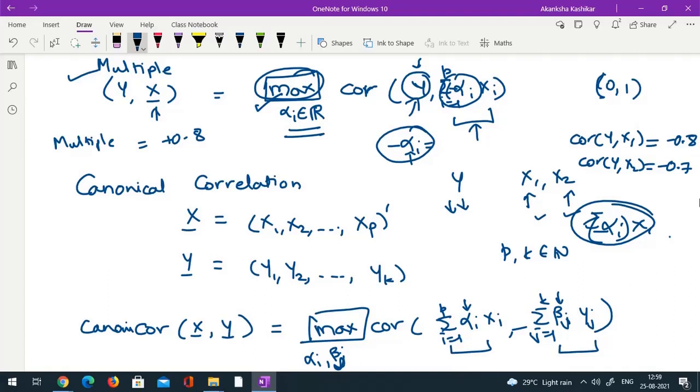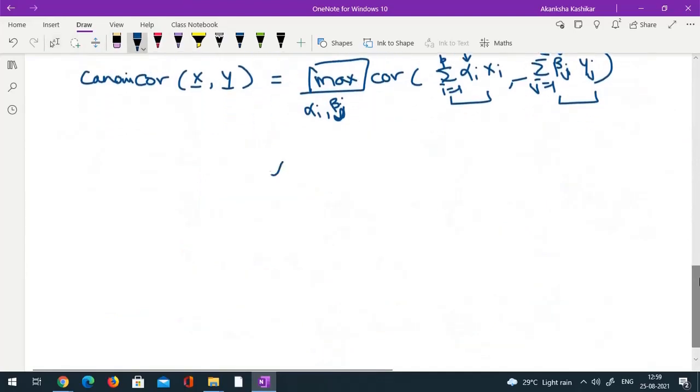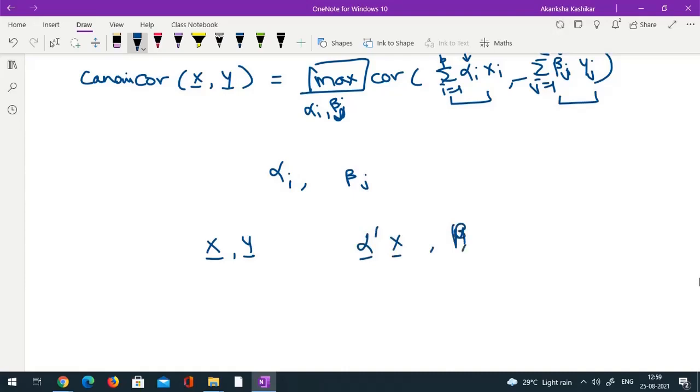So that is canonical correlation, and we have something called canonical variates. These are the alpha i's and beta j's. Right now I have written it in scalar notation. Ideally, we say that we have vectors x and y, and then we can have alpha prime x and beta prime y as linear combinations.